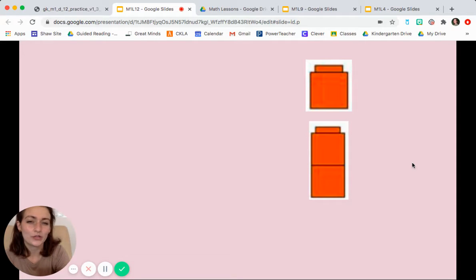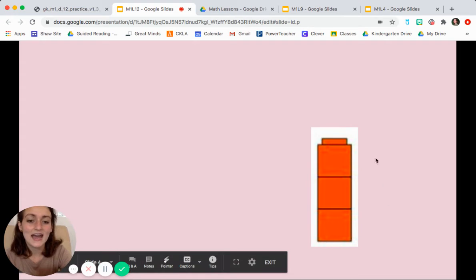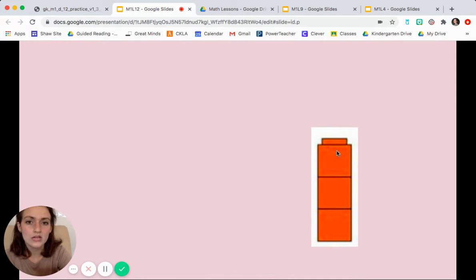If you add another cube to the top of that, how many do you have now? Let's count. 1, 2, 3. You have 3 cubes. Okay, smush them together just like this. Now we have a tower that's 1, 2, 3 cubes tall.